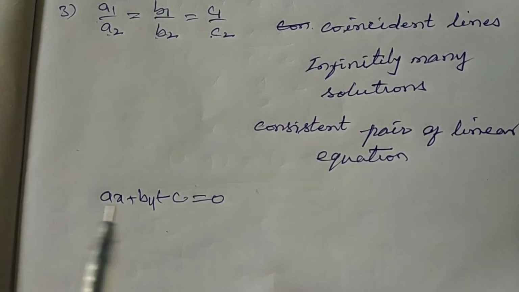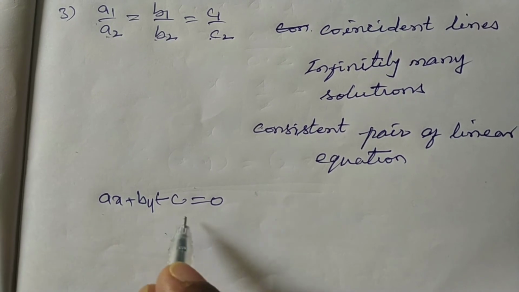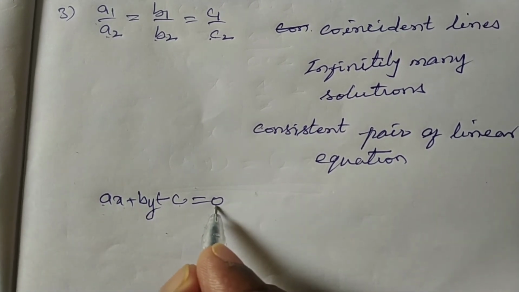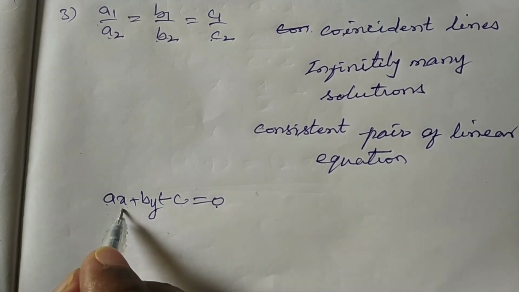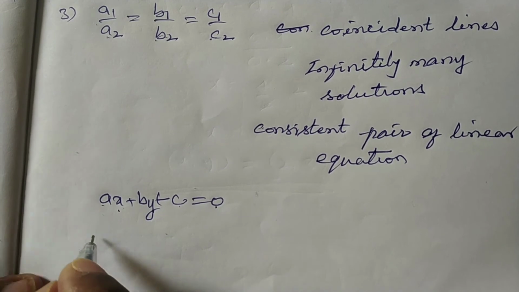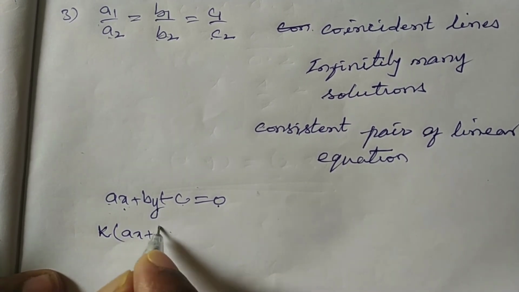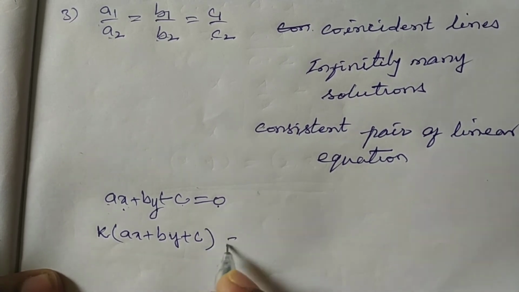And next, the general form of the linear equation is ax plus by plus c is equal to 0. Then its coincident line is k into (ax plus by plus c) equal to 0.